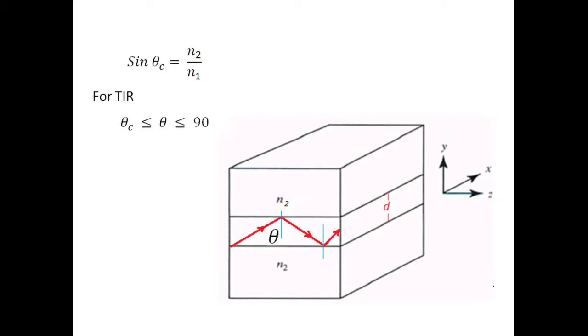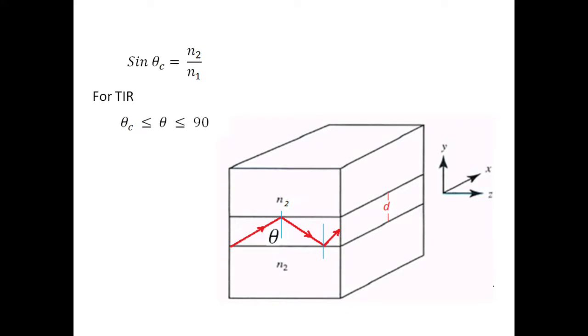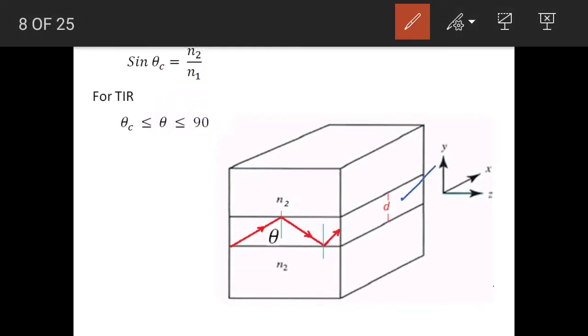Now we consider the symmetrical slab waveguide. You see the thickness of this central layer is represented by D, and the ray travels in the central layer of this symmetrical slab waveguide along the z axis.